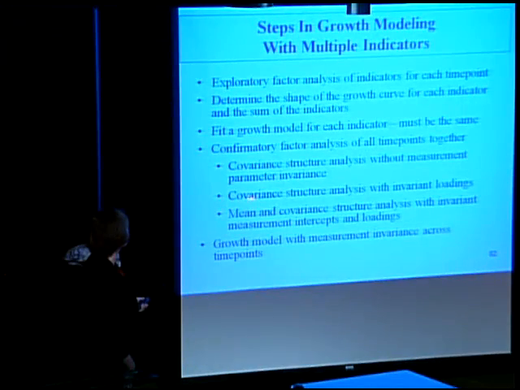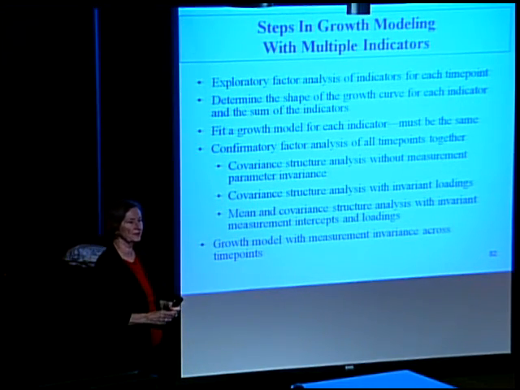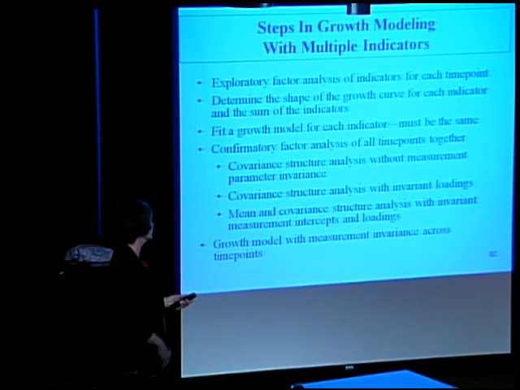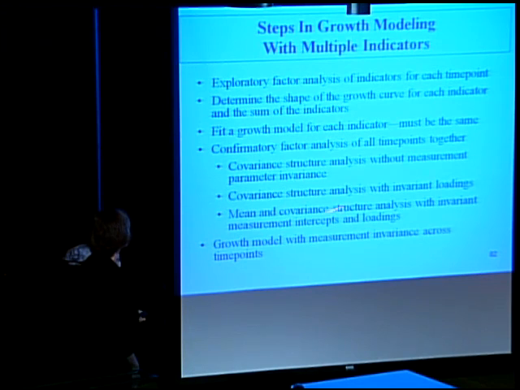So this is the first model. Then you can run it holding the factor loadings equal to test factor loading invariance. And this is just the same steps we did in topic 1 with multiple group analysis. Then in the third step, if you determine you have invariant factor loadings, then you can also hold the intercepts equal across time.